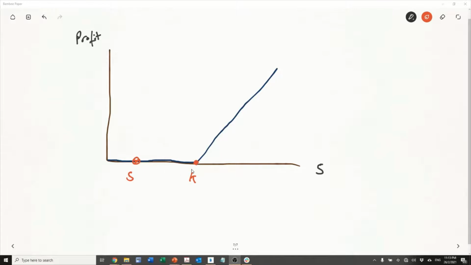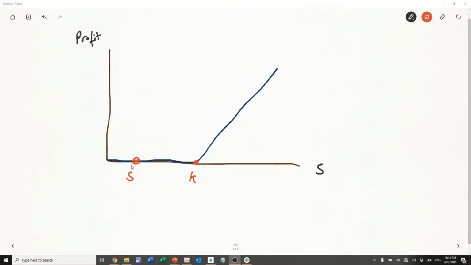In this scenario, we observe that the spot price is lower than the strike price, which means that there is no logic to exercise the option, because in the case of a call option, you can buy the underlying asset at a lower price compared to the strike price. So the option will expire worthless.